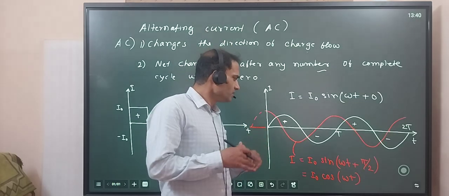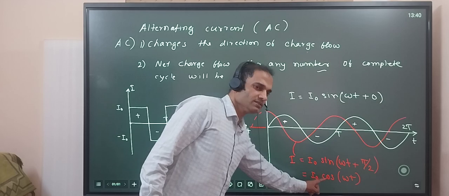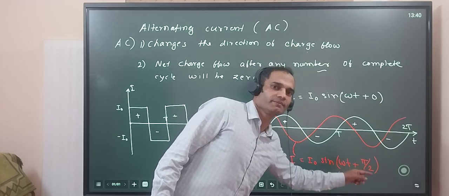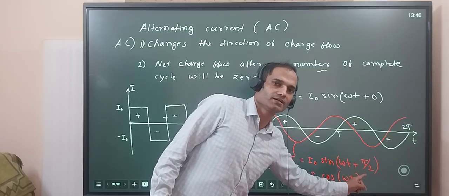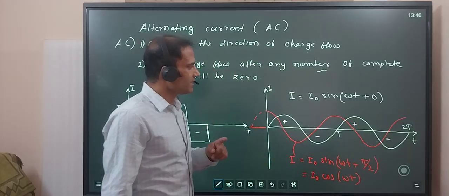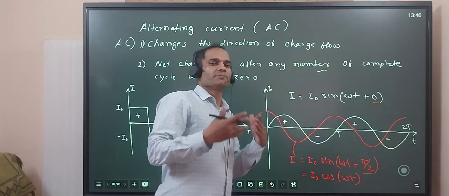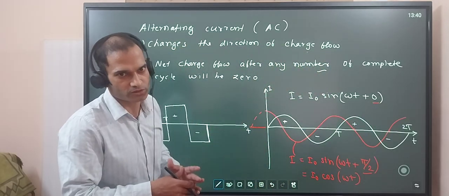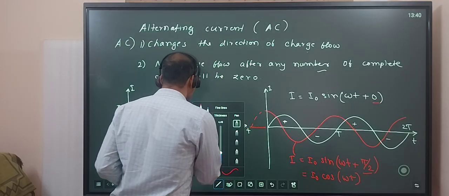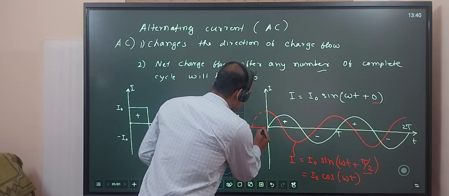The only difference is some angle difference. Cosine starts a bit earlier. It is ahead by an angle pi by 2. So you have seen that this can be 0, this can be pi by 2, this can be pi by 4 also. Let me show that part also. So pi by 4 will look like this.